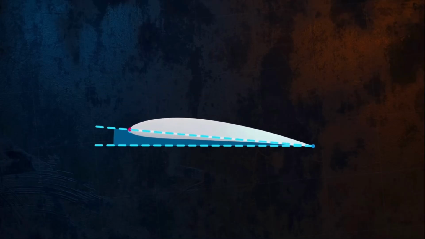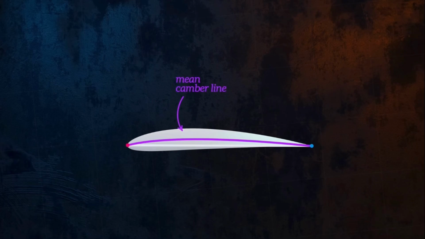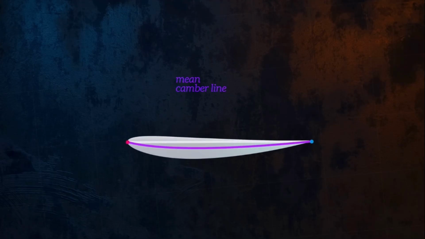Drawing a line which is midway between the upper and lower surfaces gives us the mean camber line. Camber describes how curved an airfoil is. We can have positive camber or negative camber, and a symmetrical airfoil has zero camber. Camber and the angle of attack are important parameters that will have a large influence on how much lift an airfoil can generate.